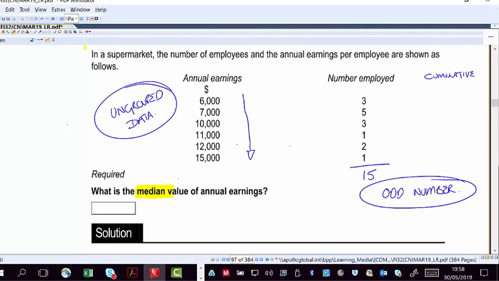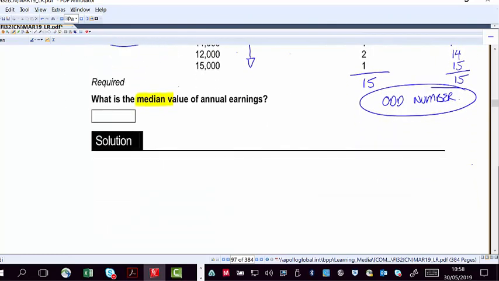We had 3 employees earning 6,000, and then another 5, so we have a cumulative of 8 employees, and then another 3, so a cumulative of 11, and 12 and 14 and 15. So we have 15 items in total.